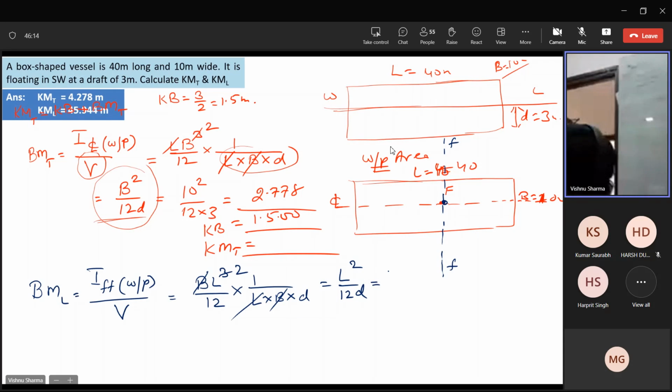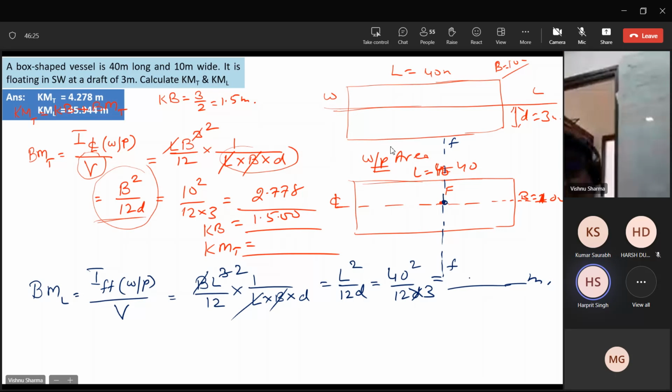That means 40 square by 12D. D is 3, okay? What is the BML you're getting, guys? 44.444. To this add KB, which is 1.5, and you get the answer which is there on display.